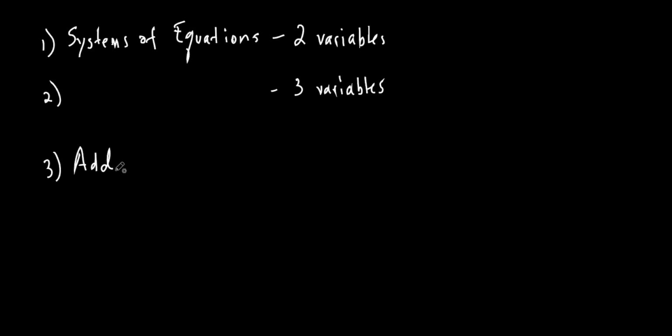Then number 3, you're just going to add a couple of those matrices together. Super easy. Number 4, you're going to subtract. That's the main thing, but you also need to know how to multiply by a scalar. That's really super easy.